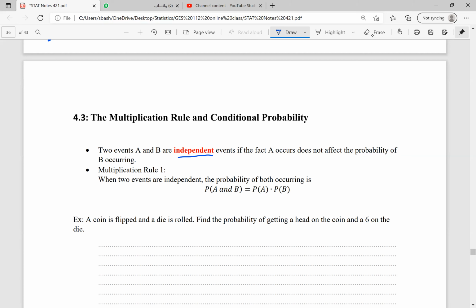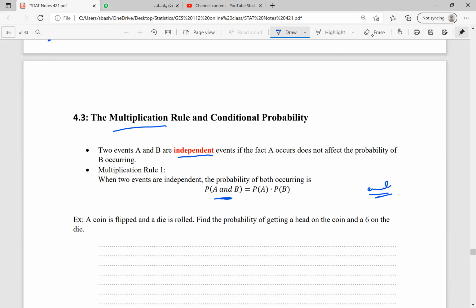If we have two events, A and B, that are independent, then to find the probability of A and B, we use multiplication. We said before that "or" is used for the addition rule.